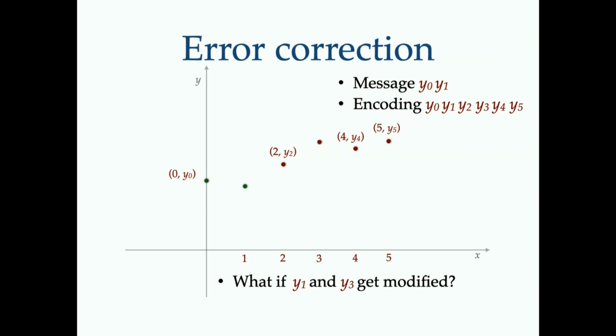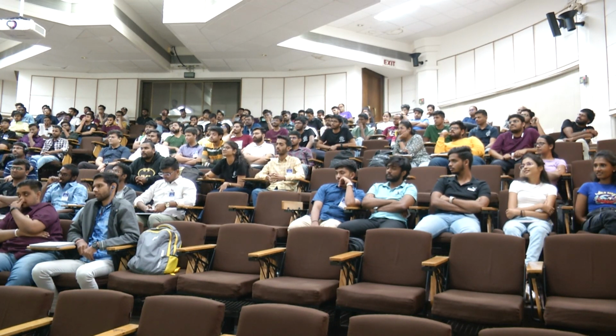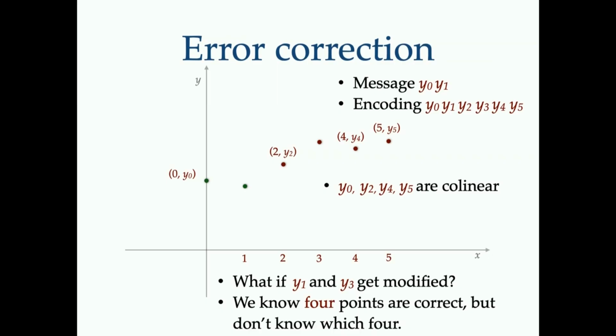Yes? Why so confident? Can anyone say why we can recover the line? 4 points, but I don't know which ones are correct. I don't know which 4 out of these 6 are correct, but the point is that y0, y2, y4, y5 are in one line, and there is no other set of 4 points which are in one line.